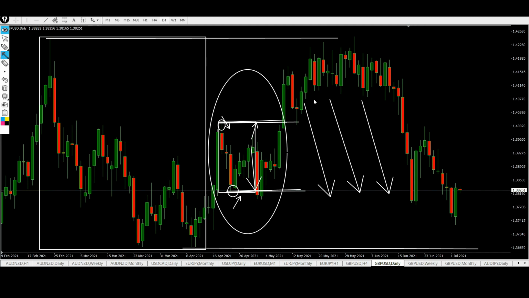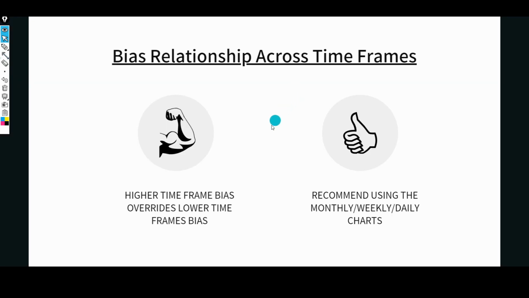And so this daily chart's bias will actually override the 4-hour chart's bias. So keeping this basic principle in mind, when analyzing through bias relationships across different time frames, no matter if you're a short-term trader or a long-term trader, I recommend using the monthly, weekly, and daily charts.